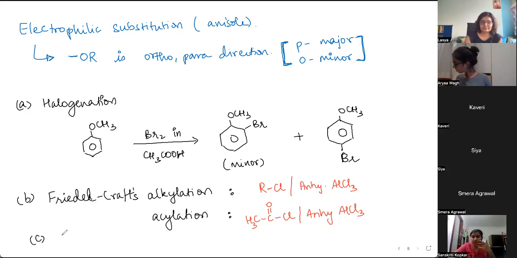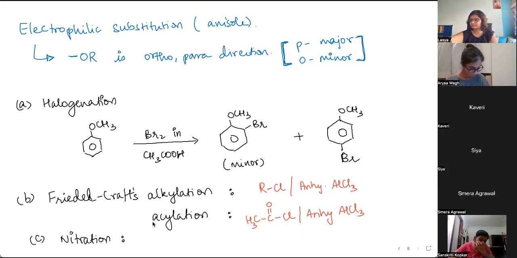And then nitration. Smera, what reagents do you use for nitration?